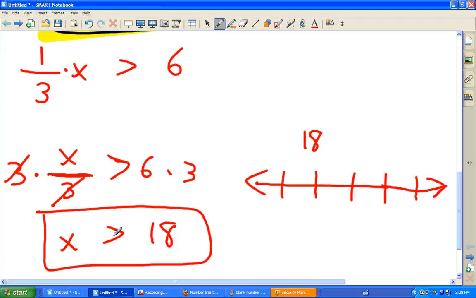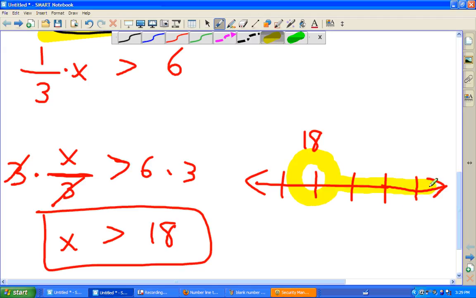Notice here what I'm going to do. I'm going to draw this with an open circle here, and it's greater than 18. We always go to the right for greater than. There's my solution set for that one. Open circle means it is greater than but not equal to, so it does not include this point right here. It includes every point north of that. Okay, there we go.